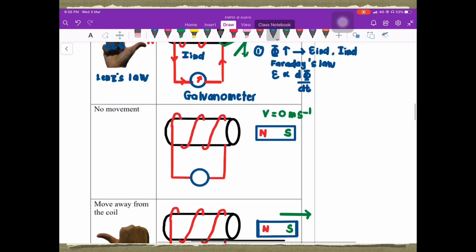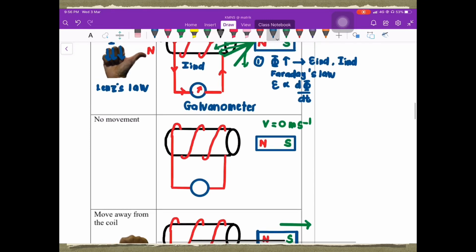Next, what happens when the bar magnet is static? The induced current equals 0. So what happens to the galvanometer? It will show 0 volt.